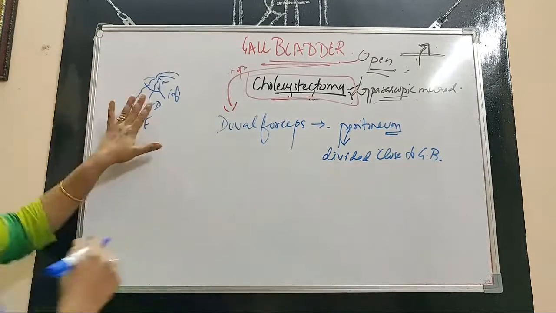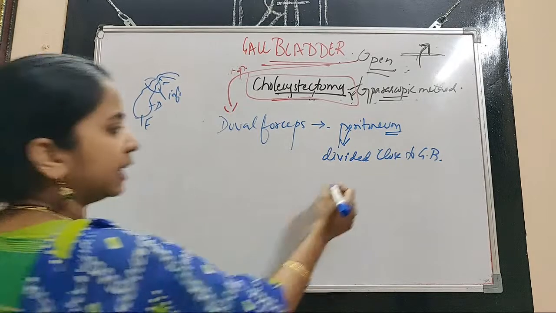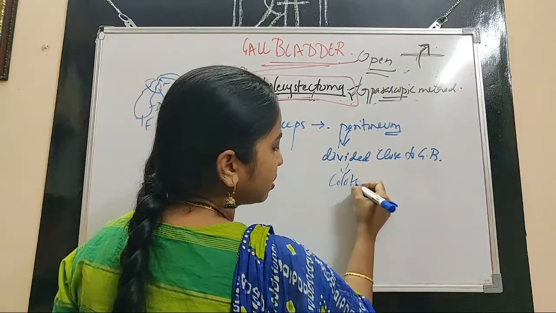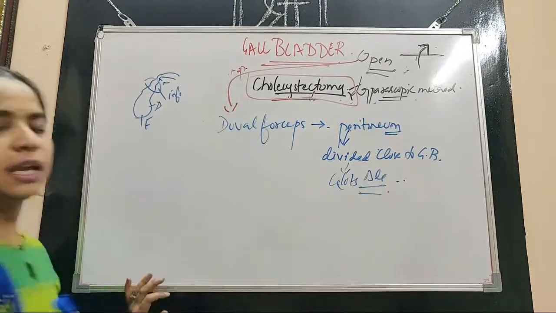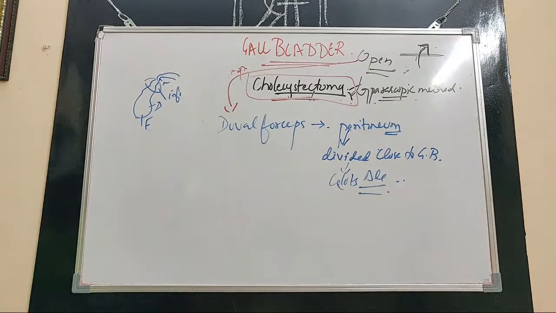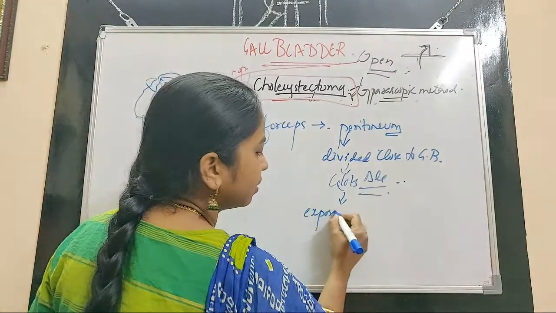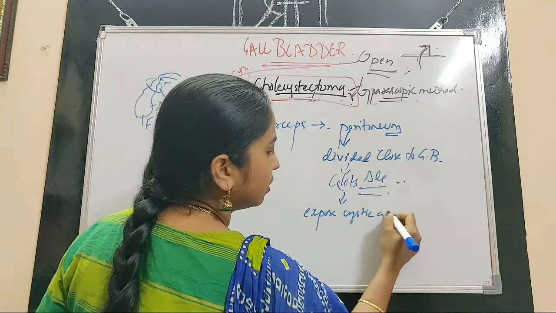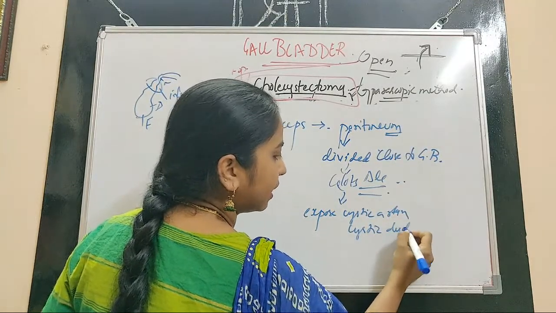Once the peritoneum is divided, the next thing is identification of Calot's triangle. Whatever fat is present at the region of Calot's triangle is also dissected out, and then again we expose the cystic artery and the cystic duct.